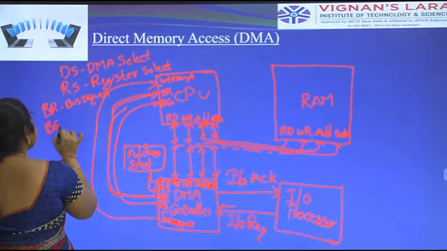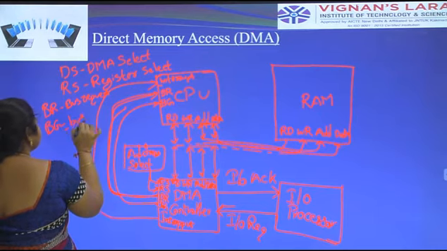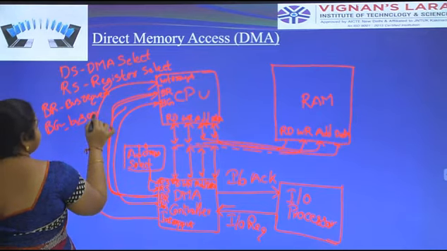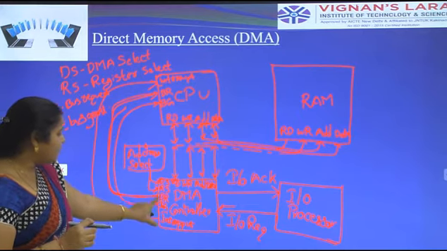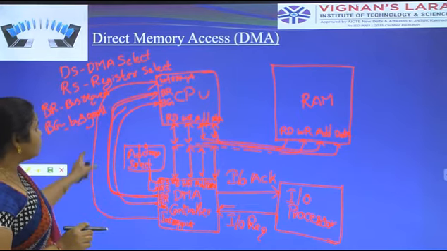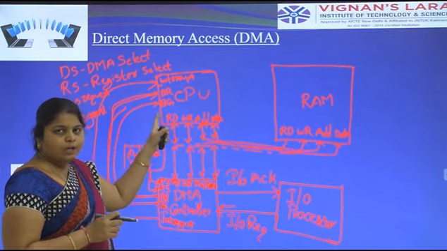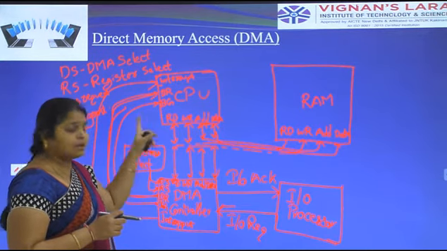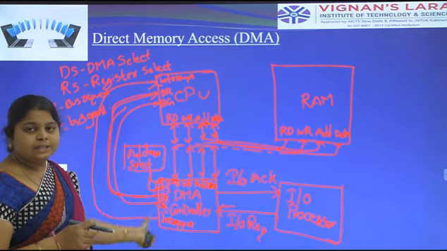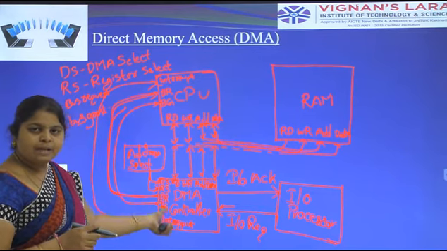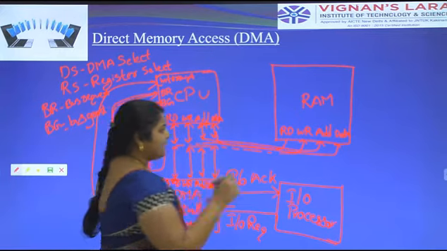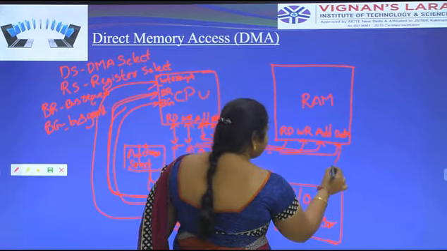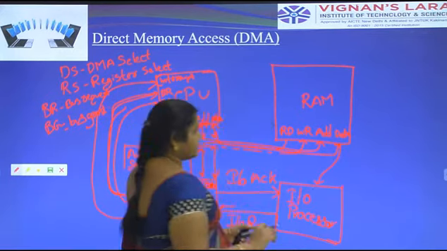BG means bus grant. Here from the DMA controller, the interrupt signal can be transferred to the CPU interrupt. Whatever data is coming from the RAM is stored in the IO processor.